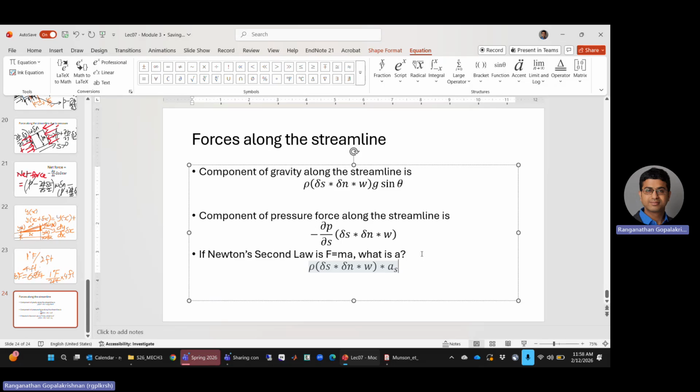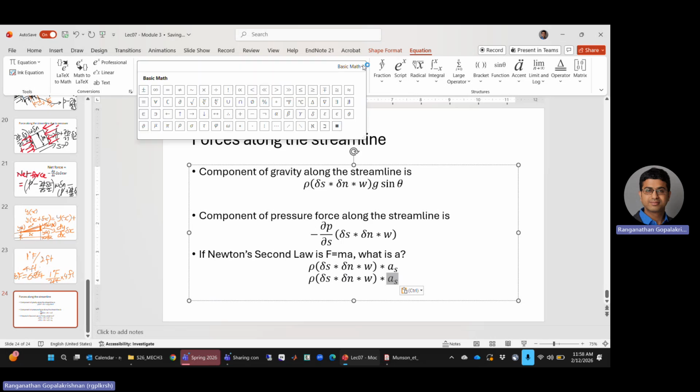And the streamwise component of the acceleration is what we painstakingly discussed last lecture. So I can write this multiplied by, what is the streamwise component of the acceleration?